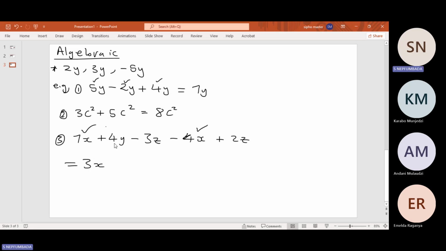Then 4y; I didn't write the one for y, it doesn't have a friend. Then minus 3z plus 2z is minus z. Did you get it?